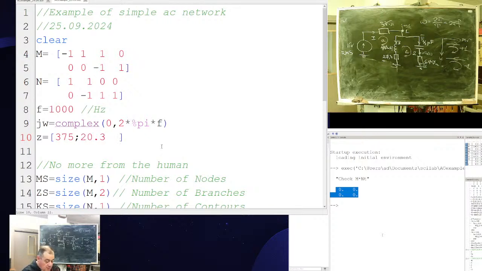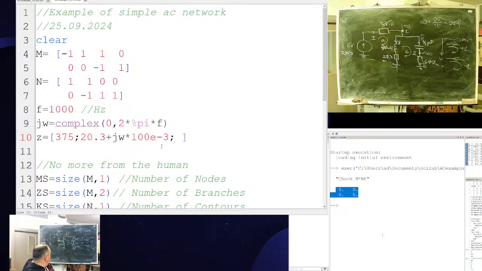And what I'm writing for the second branch, 20.3. I need to do it this way, plus j omega multiplied by 100 millihenry. 100 times 10 to the power minus 3, because millihenry. It's 1/10 of the Henry.